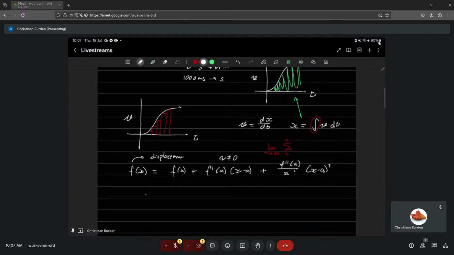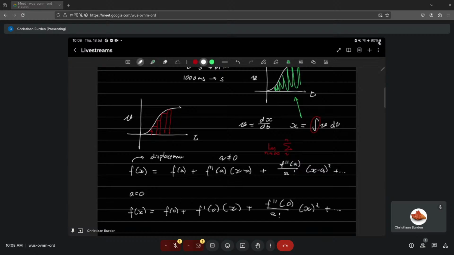If we just use a equals 0, we can say that f(x) is equal to f(0) plus f'(0) x plus f''(0) x squared over 2, plus so on to infinity.